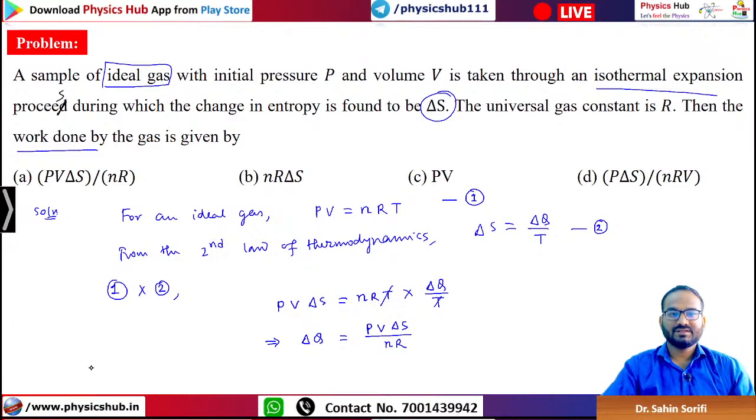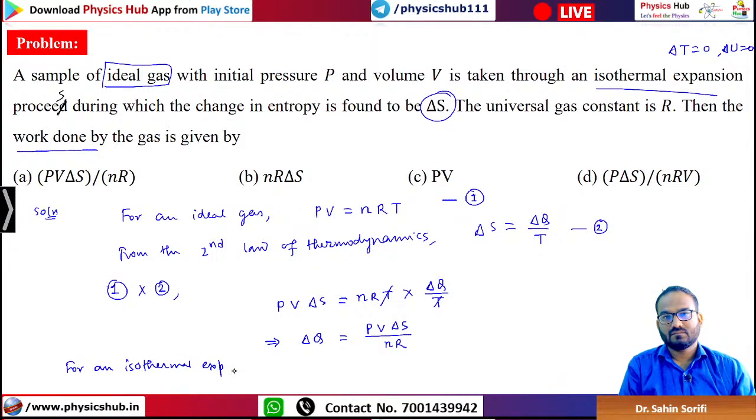So for isothermal expansion, what do you know? Isothermal means delta T = 0. If there is no change in temperature, the internal energy change, delta U, will also be 0.